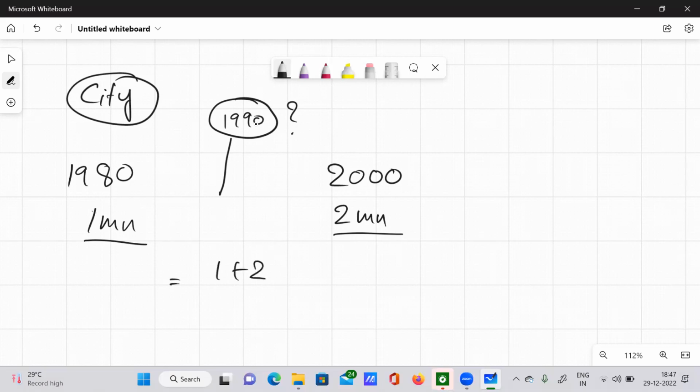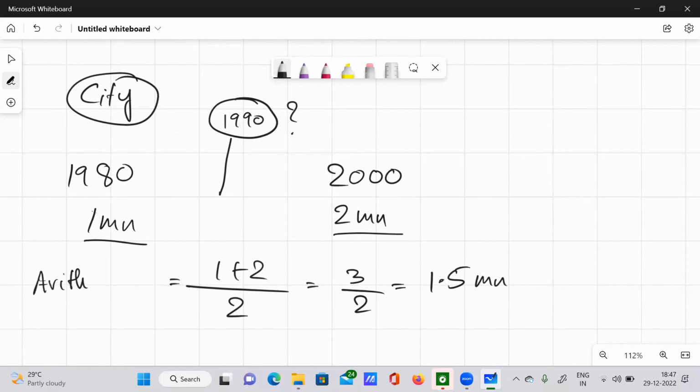So 1 plus 2 divided by 2, that is 3 by 2, so approximately 1.5 million would be the answer. So we can conclude that there lies 1.5 million population in 1990. This is only when we use the arithmetic mean, right?